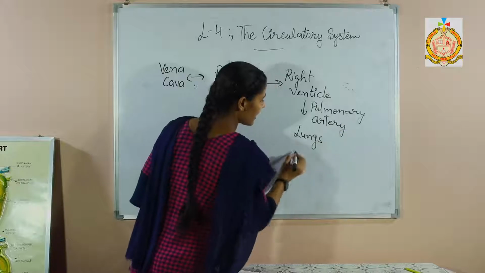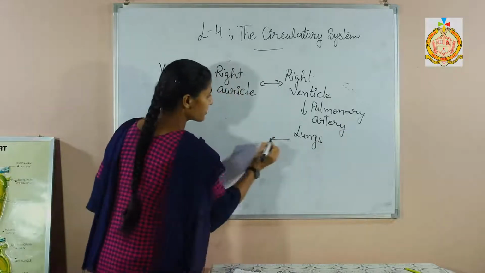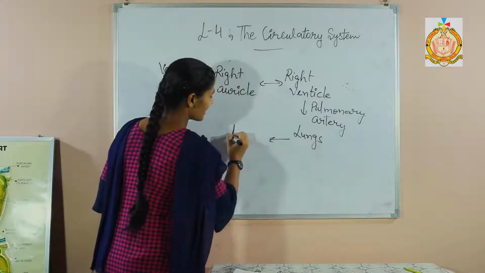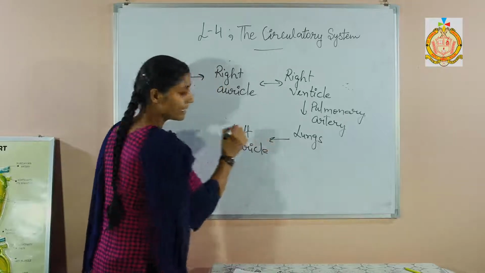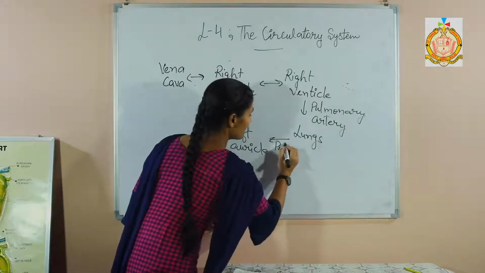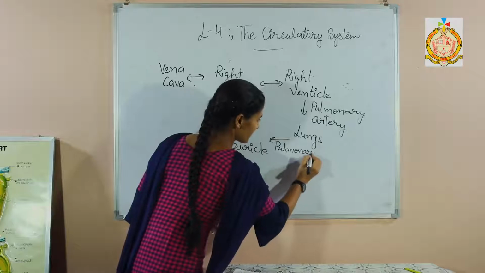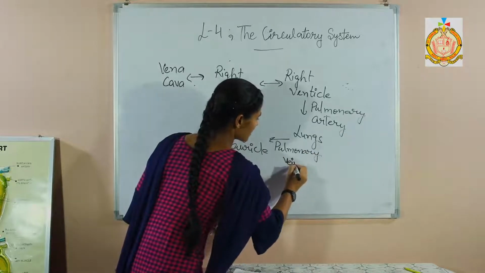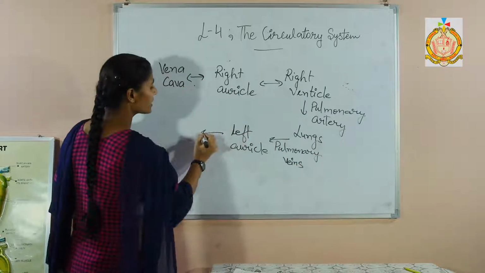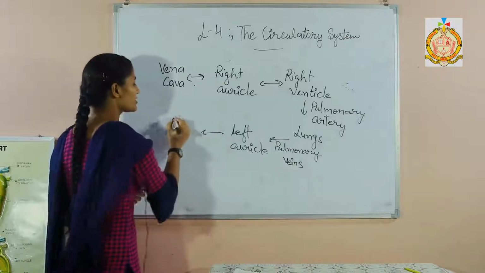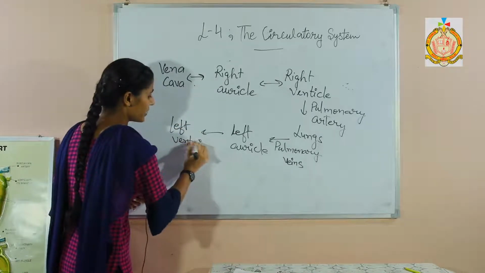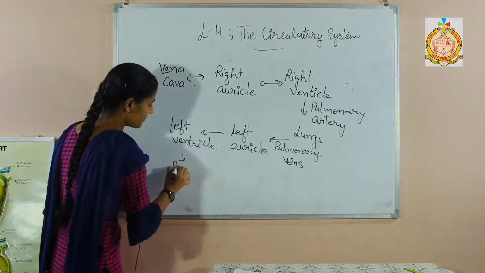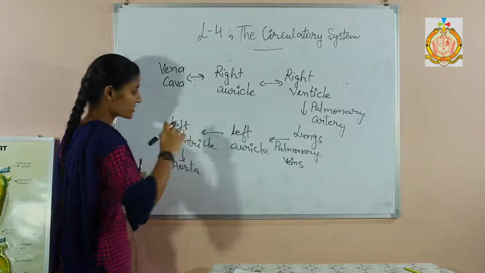Okay, and afterward, after purification, pulmonary veins are carrying it and sending it to the left side of the heart, to the left auricle. Here from the left auricle, again with the contraction, this blood is going to the left ventricle. And from the left ventricle, with the help of the aorta, it is going to the whole parts of the body.